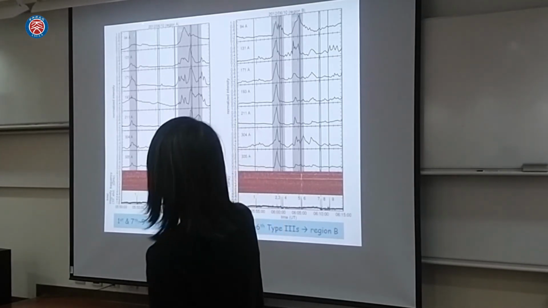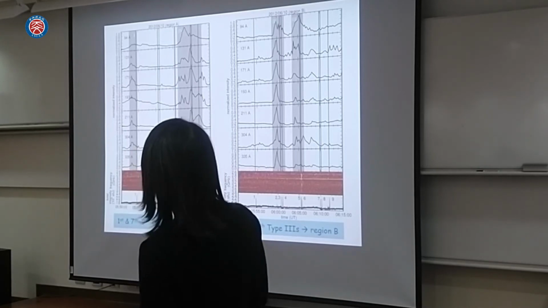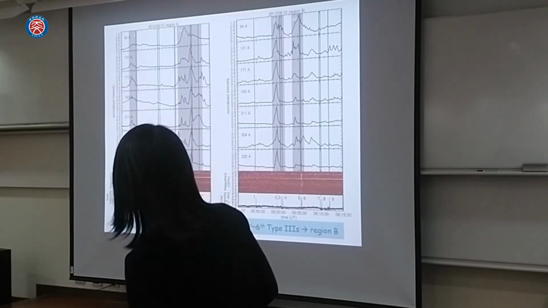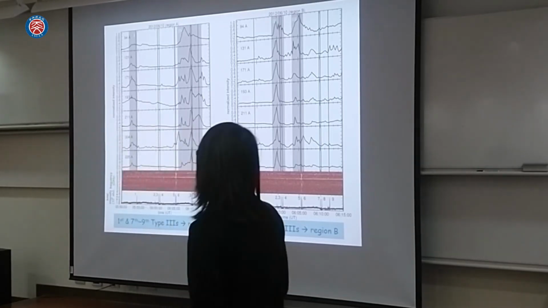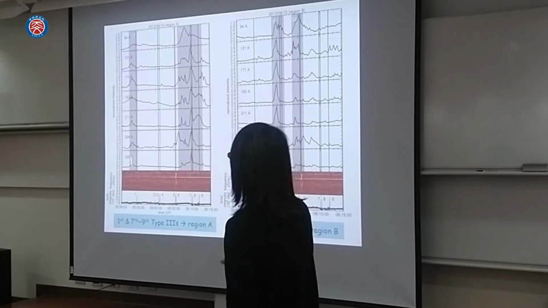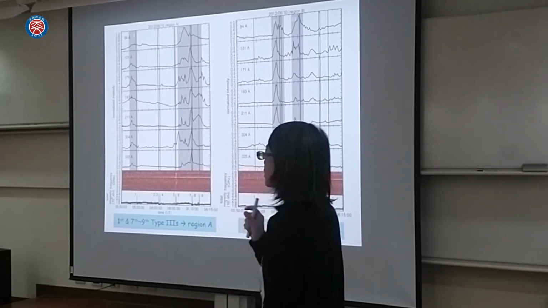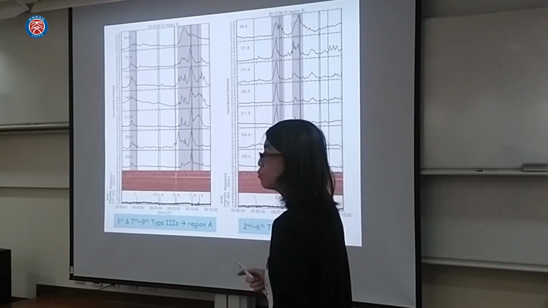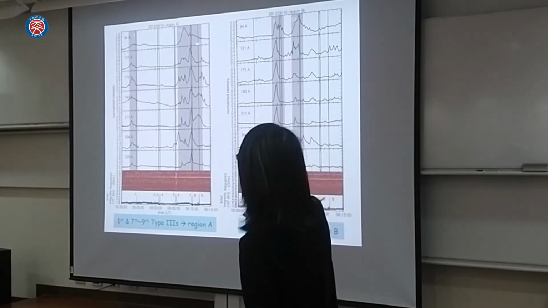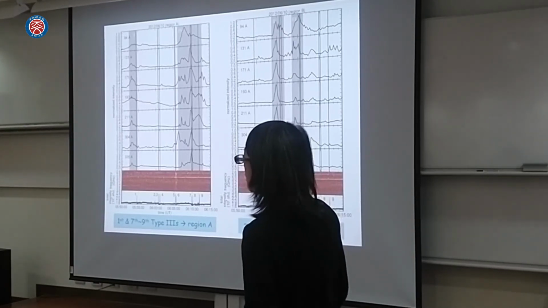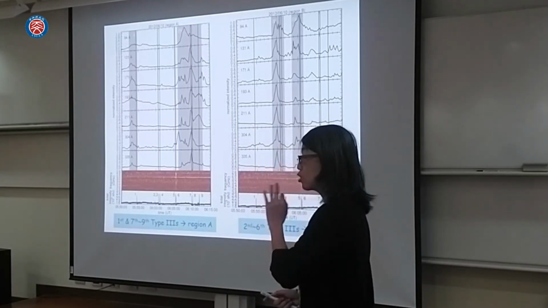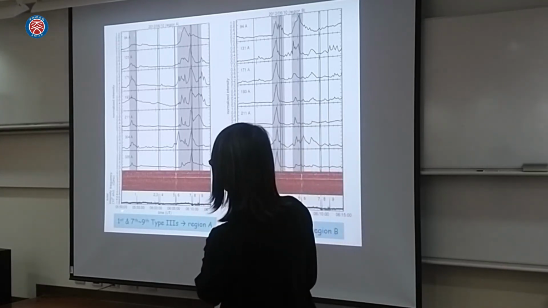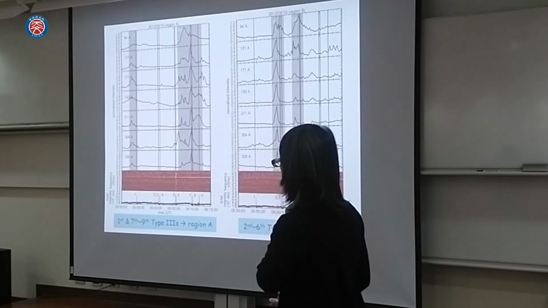There are 7 references, and the vertical line indicates the onset time of the type 3 radio burst. The left one is for region A, and the right one is for region B. In total there are nine pre-flare type 3 bursts.